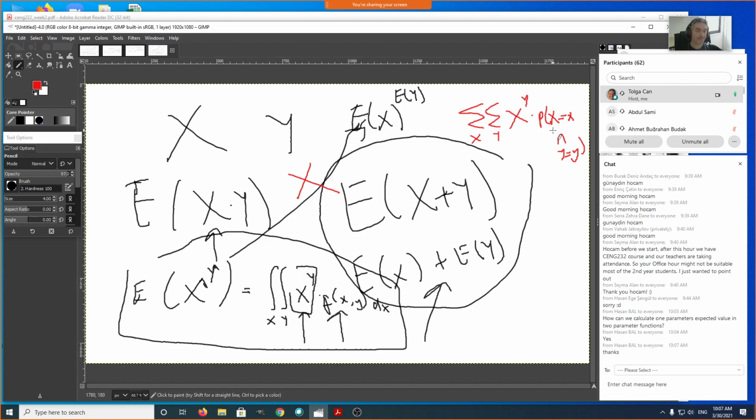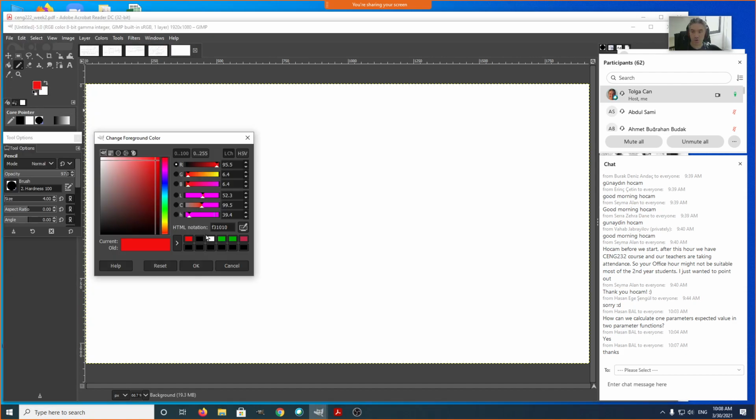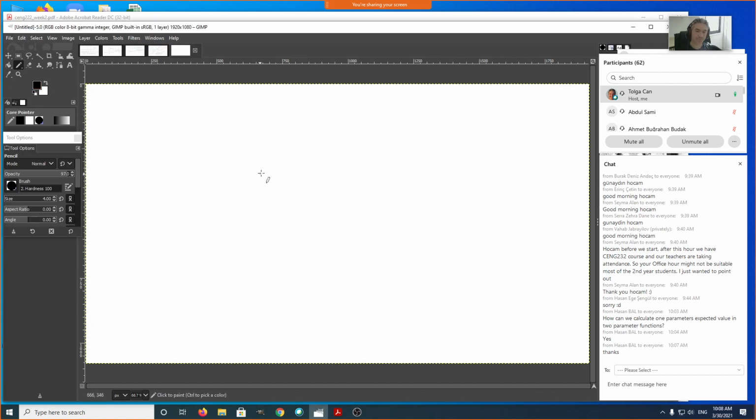Again, they're weighted, but the summation is now over the entire values of the table, and the weights are the intersection, X equal to x and Y equal to y. So it's computed like this. This is how a general solution can be obtained, by going over all the possible values they can take together. Thank you.